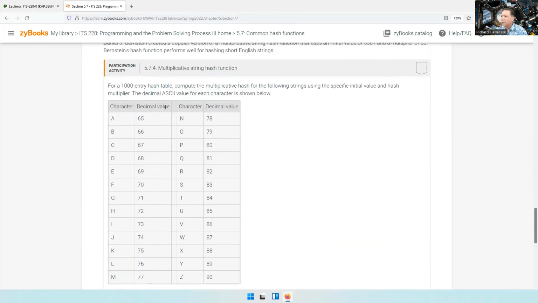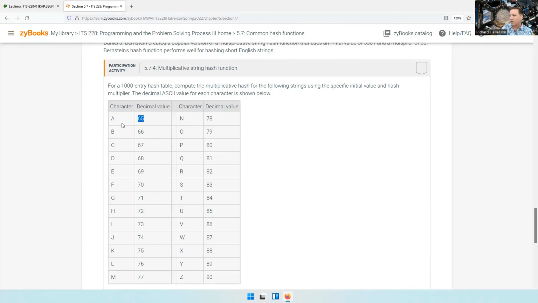This is what's called the ASCII character set, and this is the mapping of the capital letters to the decimal values, and the decimal values go from 0 to 127, and the lowercase letters are either lower or higher. We can search for them.